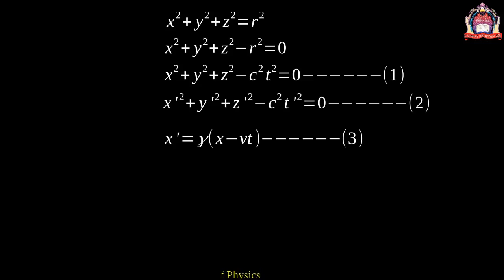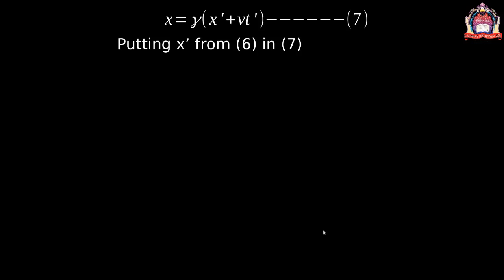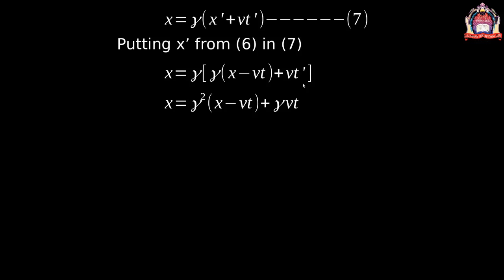Here we derived all these 6 equations. Now putting the value of x dash from equation 6, we can write x is equal to gamma into gamma x minus vt plus vt dash. Just rearrange it: x is equal to gamma square x minus vt plus gamma vt dash.